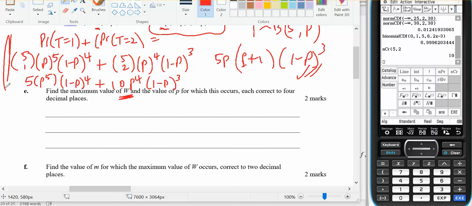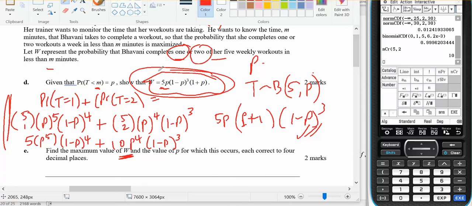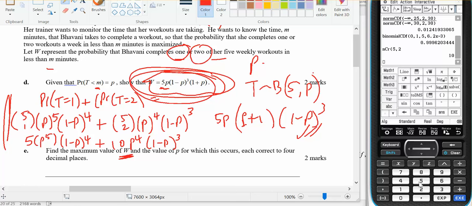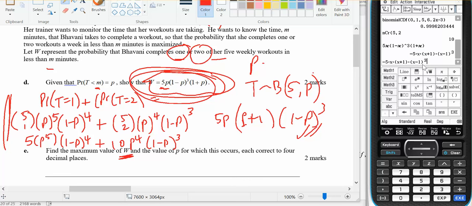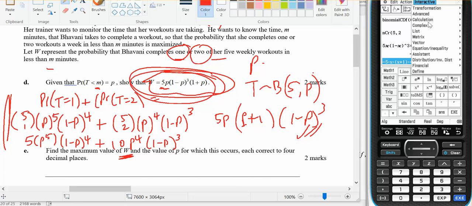Okay, find the maximum value of W. Didn't even need to do this because I'm working with this since I'm told what W is. So it's equal to 5x, bracket 1 minus x to the power of 3, and then 1 plus x. And I want to know the maximum value of W. So interactive, calculation, fMax.